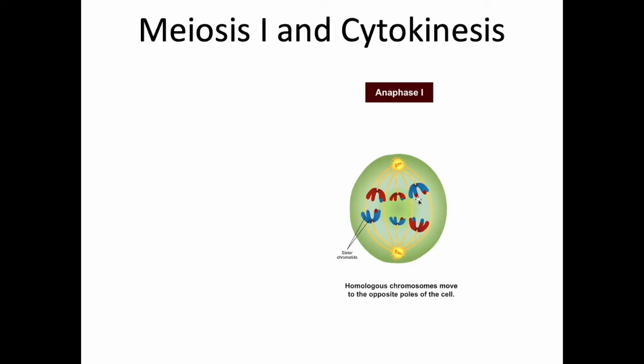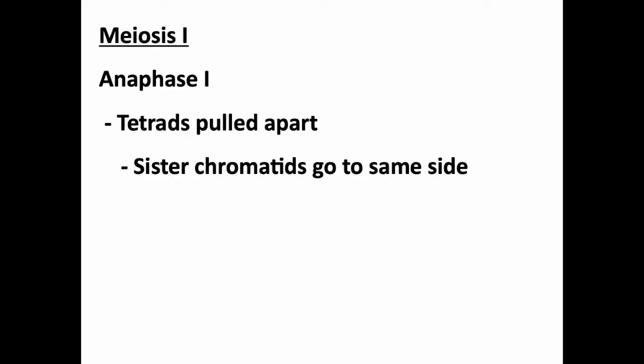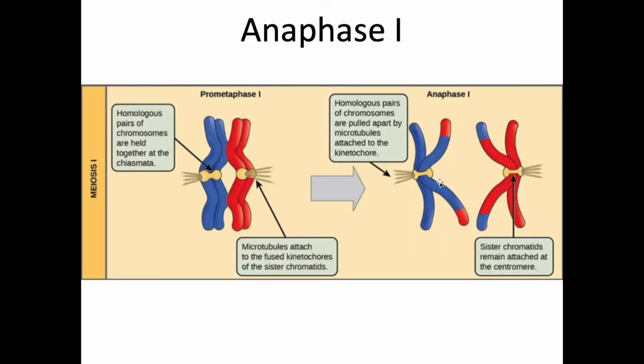But yeah, the tetrad is broken apart and the sister chromatids stay together, pulled to opposite sides during anaphase I. Yep. Tetrads pull apart, sister chromatids go to the same side. Okay. And here, if we want to zoom in on this, this was prometaphase where the microtubules attached, and there is anaphase I where the sister chromatids stick together, but the tetrad is broken apart.